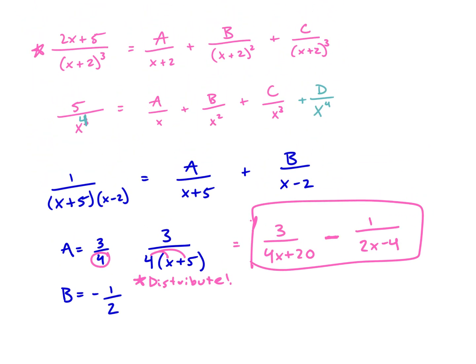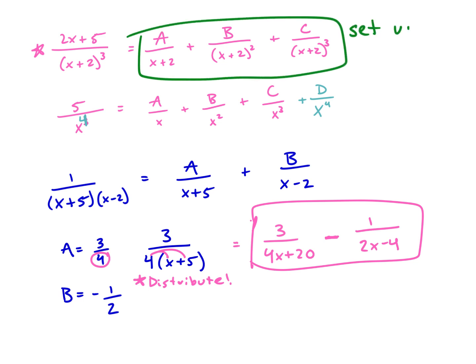If it says to solve, it wants you to find what A equals, what B equals, what C equals, just like we did in the questions from the notes. If it says set up but do not solve, you're going to leave it with the A, B, C. It wants it just with the A, B, and C, but it does want it as a fraction.